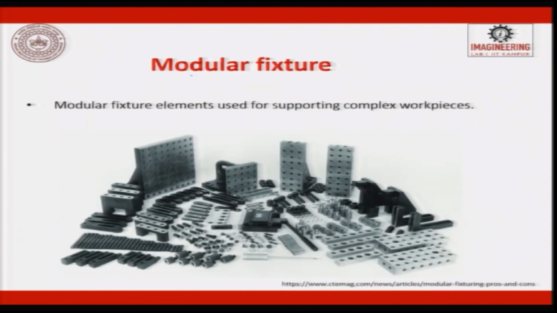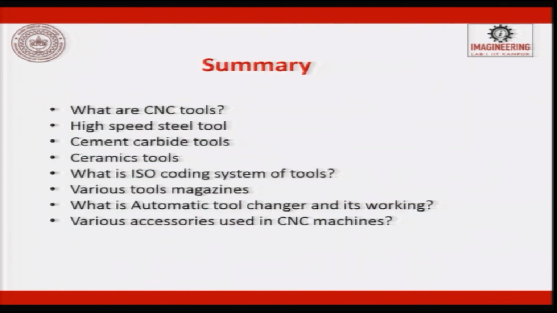Today we talk about modular fixtures. These are all the components of modular fixtures. All these things are used to develop a fixture and support a complex workpiece. This makes the CNC machine versatile to hold any type of shape or geometry.